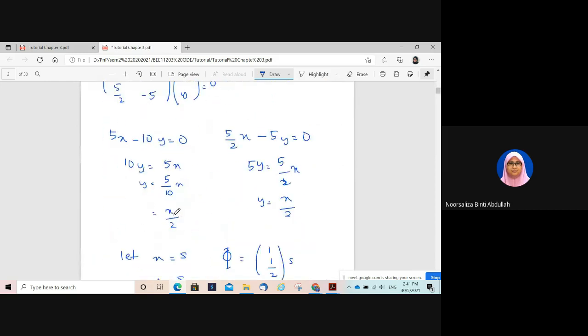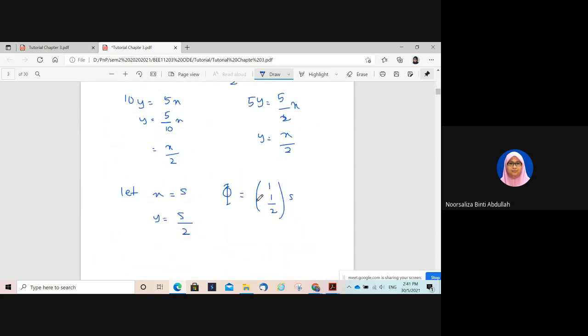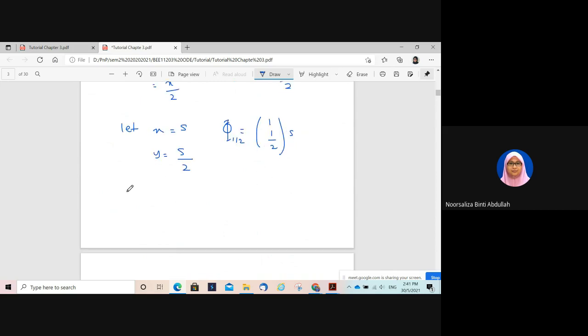You have eigenvector 1 and eigenvector 2, because eigenvector 1 and 2 have the same value. So now you have 1 over 2, 1 over 2, equals to this one times this one, 1 over 2, minus this one times this one, 1 over 2. So this one is equals to 0.